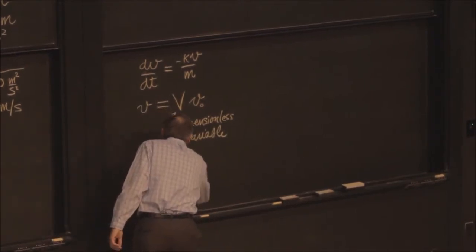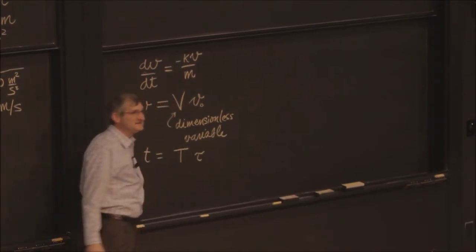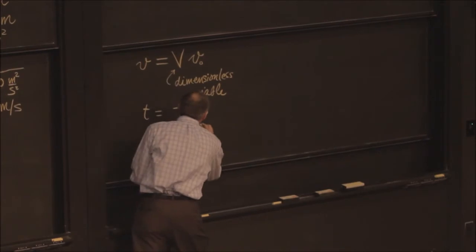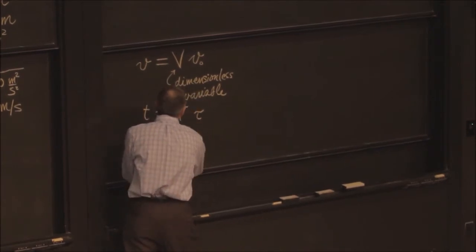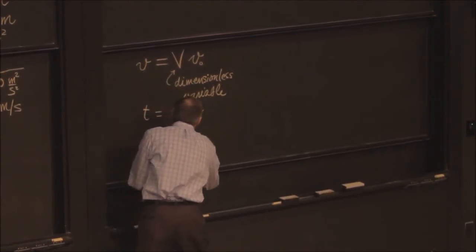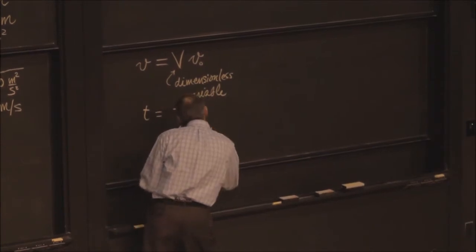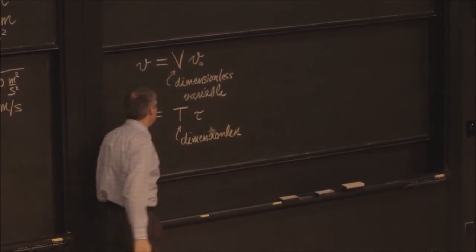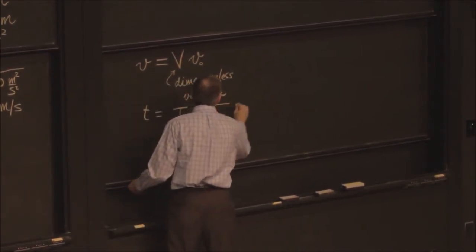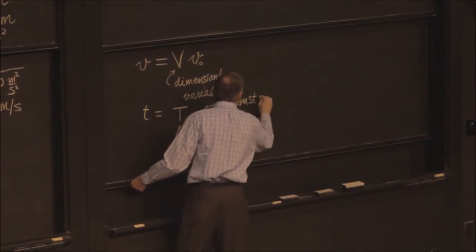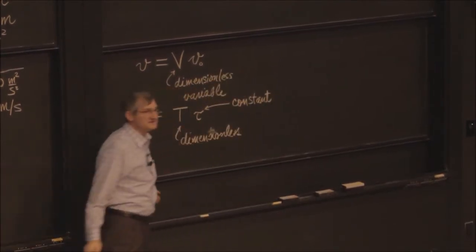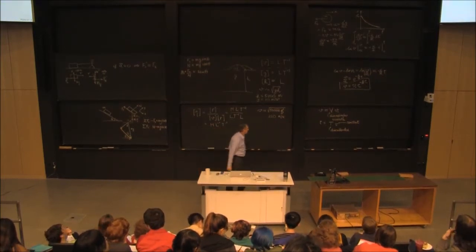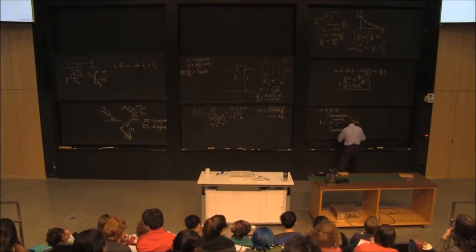So I'm just going to make up the Greek letter tau as the unknown time constant, and this is the dimensionless variable. Tau is just some constant, and later I'm going to pick a value for tau that simplifies my life. So for now, it's kind of an unknown.